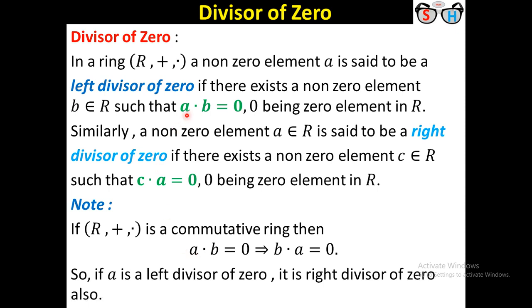In the definition, I considered the non-zero element B, but here we consider the non-zero element C. The question is: are B and C equal or distinct? There is no single answer; they may be equal or distinct. If you take a commutative ring, then B and C must be equal, but there are many examples where B and C are not equal. I will give an example.